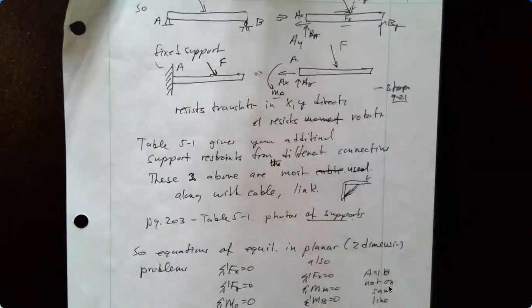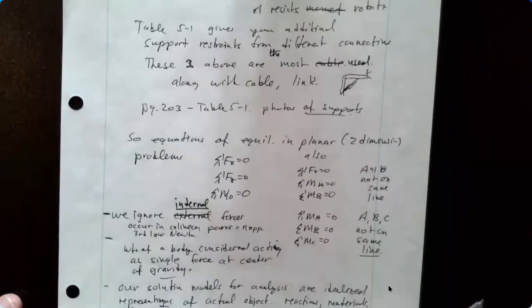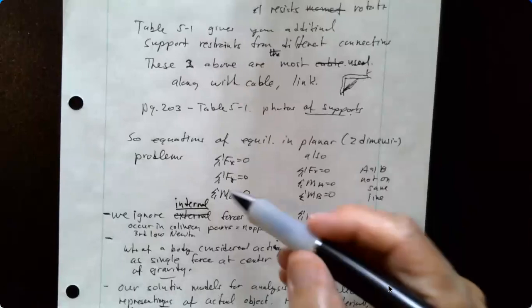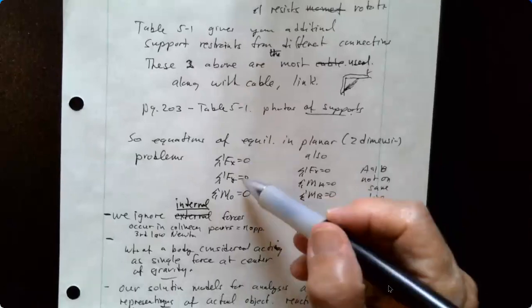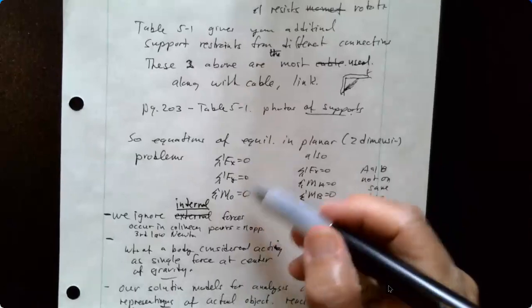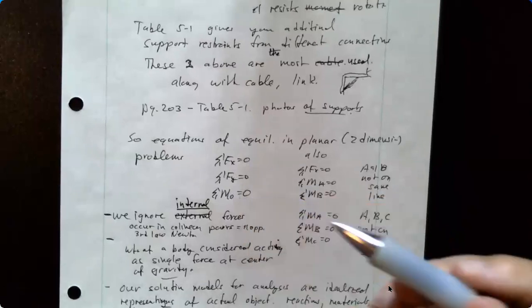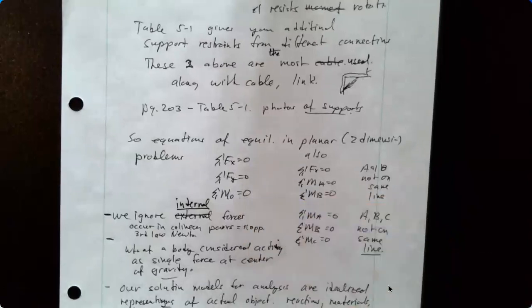So we'll have the equations of equilibrium in planar, 2 dimensions. Typically, the sum of forces in the x equals 0, the sum of forces in the y, the sum of moments about some point equal to 0. And I will tell you now that there's always a check equation, basically to check your math.